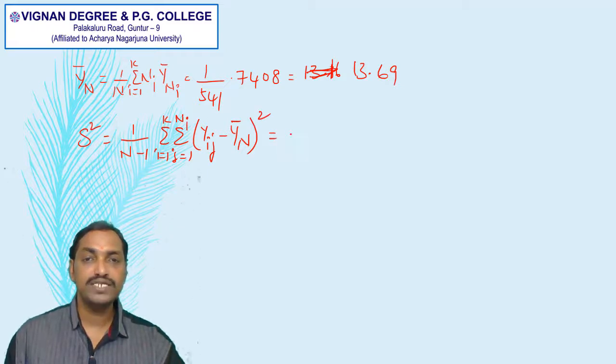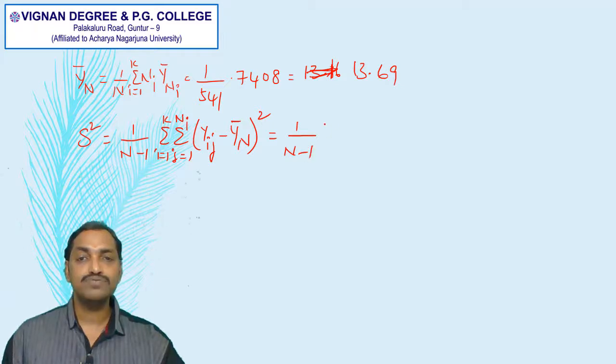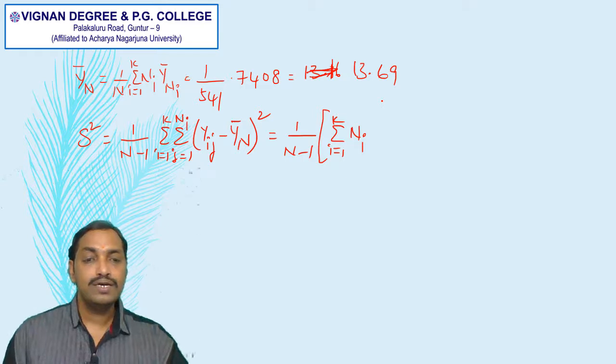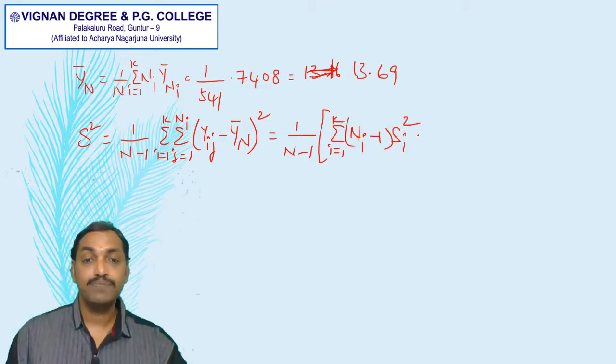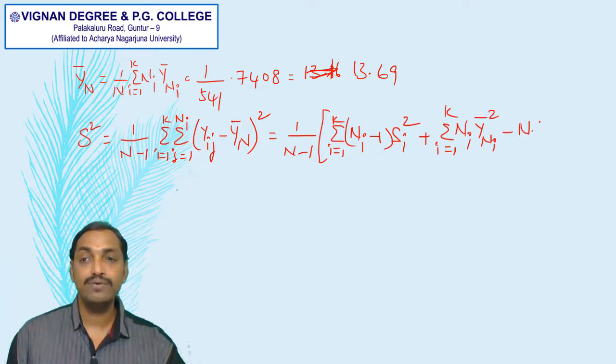On simplification, as per the previous problem, it becomes 1 by capital N minus 1 into summation i equal to 1 to K of (Ni minus 1) into Si square, plus summation i equal to 1 to K capital Ni into Yni bar square, minus capital N into Yn bar square.